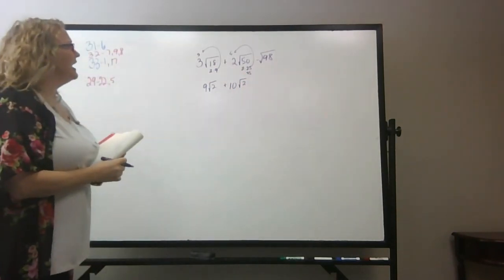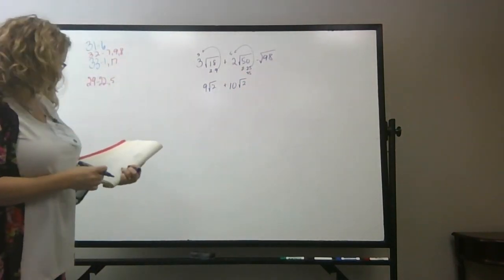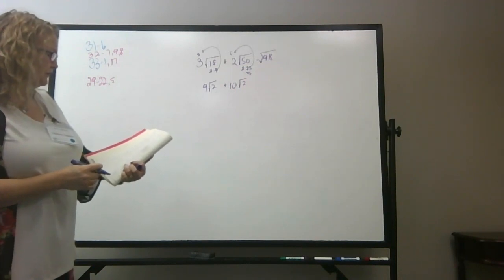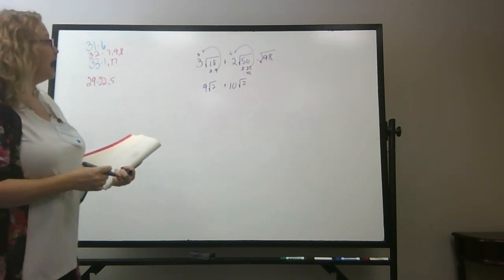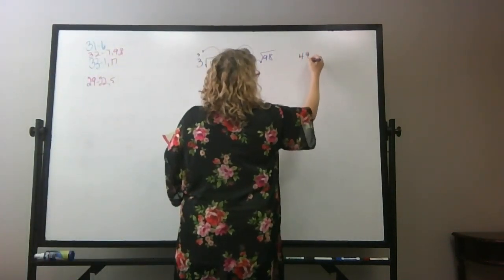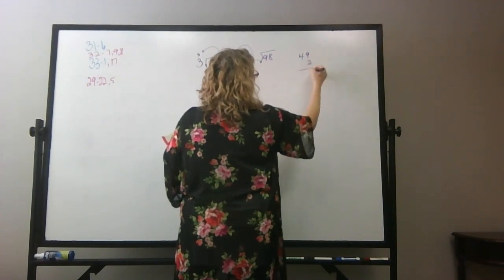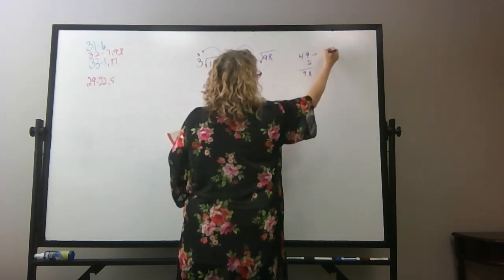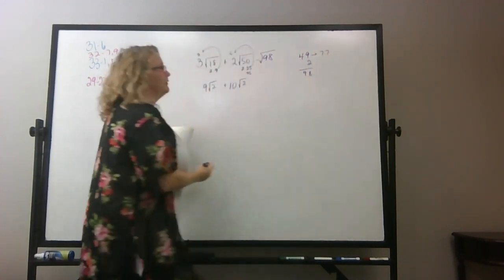Okay. 98, we don't recognize right off the top of our head what the square root is, do we? But if I take 49 and I multiply it by 2, that is 98. And 49 is 7 times 7, right?